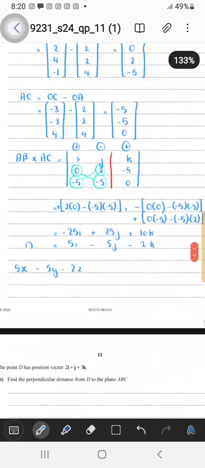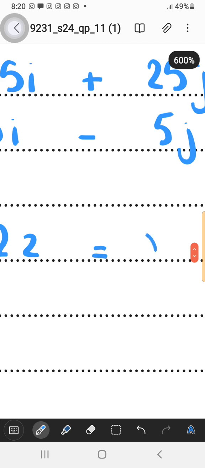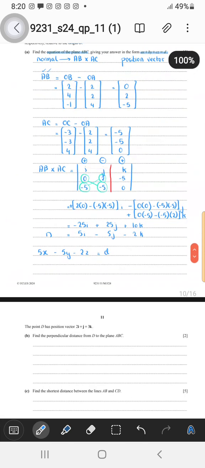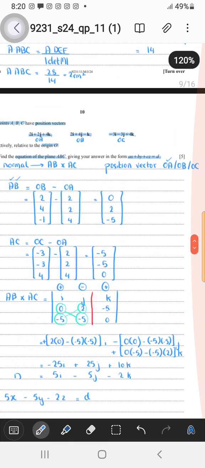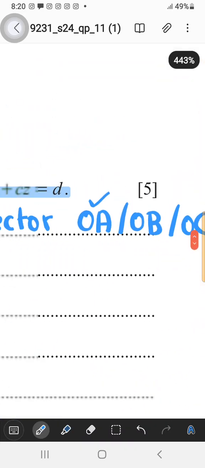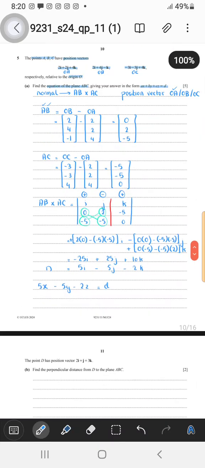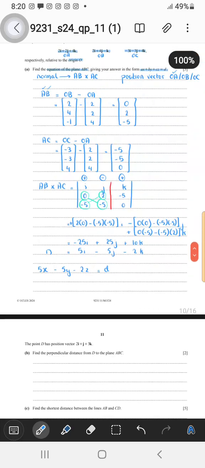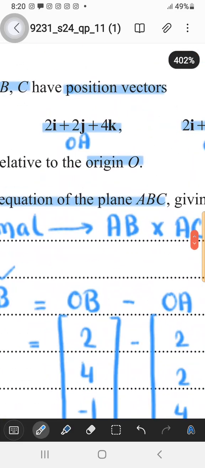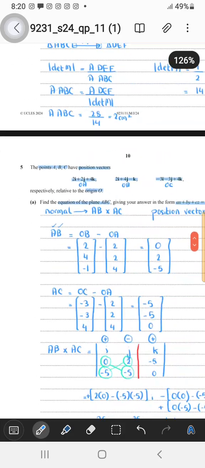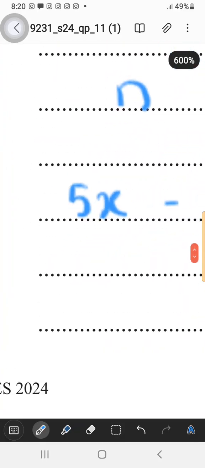Now d is remaining. Here we have to find out d. For this we will use the position vector. We can use the position vector OA, OB or OC. I am going to use OA. What was the position vector OA? 2, 2 and 4. So that was 2i. So I will write 2 here.